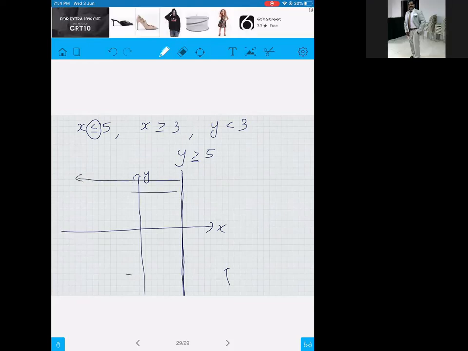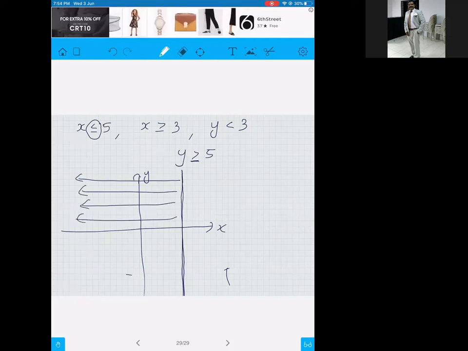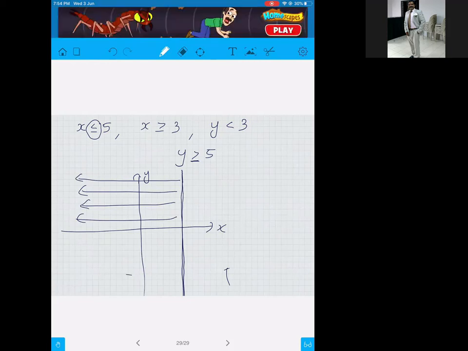Less means left. You should remember this concept: if you are considering the y-axis, greater means up, lower means below. If you are considering x, right is greater, left is smaller, less than. So this is our x less than or equal to 5.